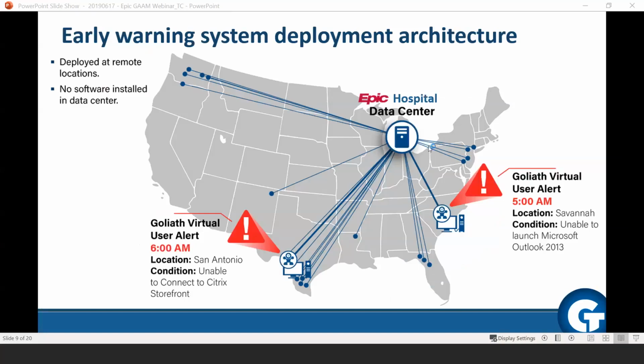You find a laptop or a virtual machine, and you deploy one agent at that location. You would configure that agent remotely to log on to the data center as frequently as you want and exercise exactly the applications you want it to exercise, whether it's Epic or some other EMR, HR application, business or clinical application, literally anything delivered through Citrix, VMware Horizon View, or RDS.